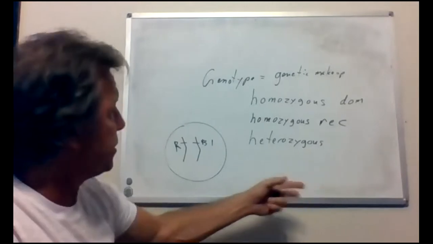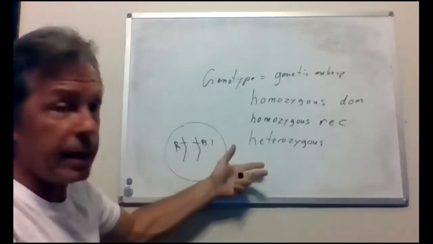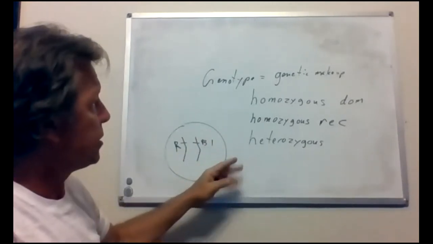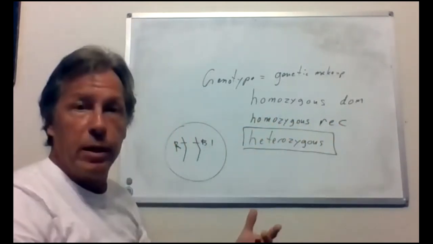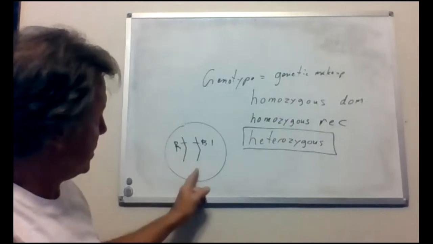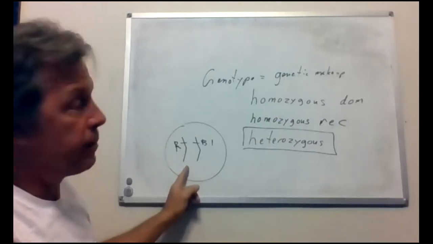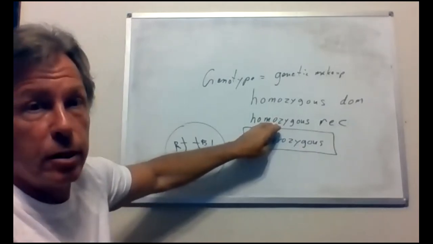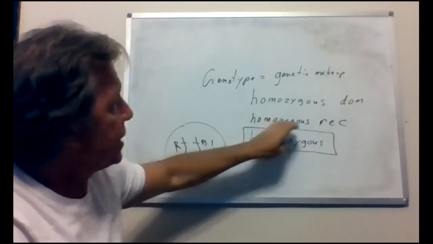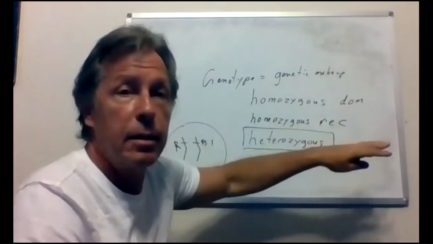Because it's not heterozygous dominant, it's heterozygous. We have one of each. So this word suffices, is adequate to describe this situation, one of each, right? The word homozygous alone is not adequate to describe it. We have to tell you if it's the homozygous recessive or the homozygous dominant.